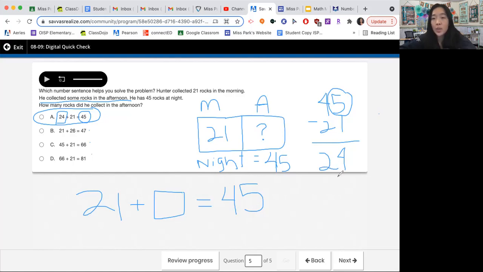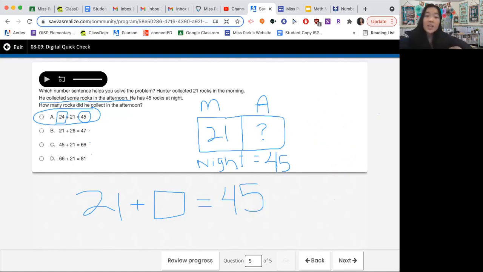4 minus 2 equals 2. So our missing answer is 24. Another way to do it is to line these up. Let me go ahead and clear this. You can line these up in the addition sentence, the way that you want to do it if you're going to be adding, and then you'll see how easy that is.